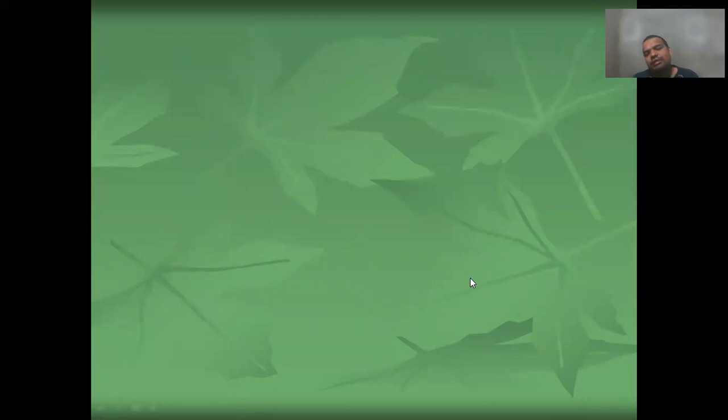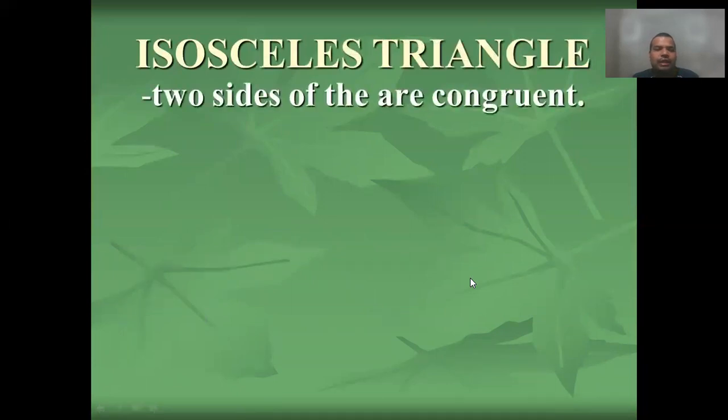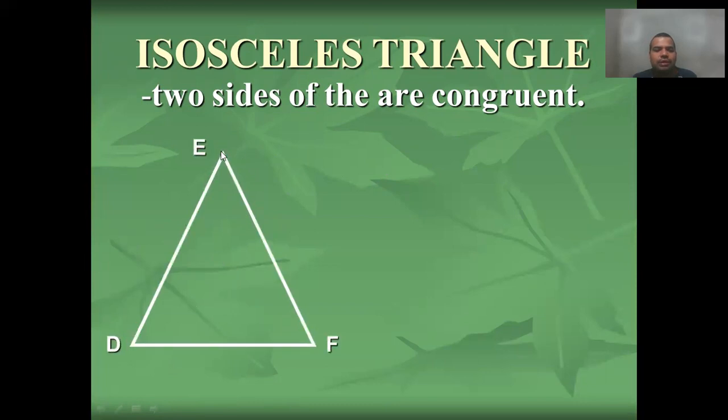Now coming on to the next classification, that is the isosceles triangle. What is an isosceles triangle? If at least two sides of the triangle are congruent, then we call it an isosceles triangle. Let's look at the figure. There is a triangle given, EDF.